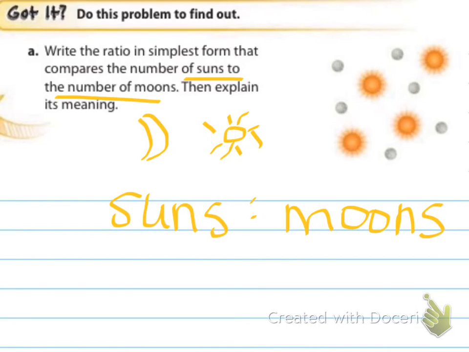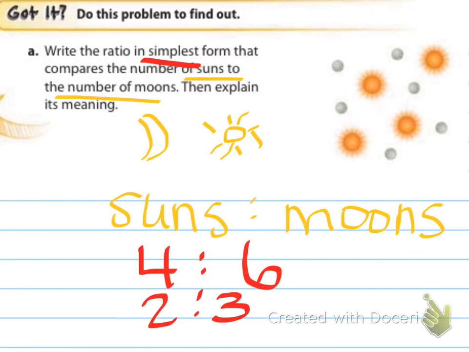Alright, so you should have 4 suns to 6 moons. But it did ask you for simplest form, so hopefully you divided by 2 on each side to make a 2 to 3 ratio. The second part now wants us to explain the meaning. If you've not yet written that down in words, pause the video and explain the meaning using that last example for how many suns there are to moons.